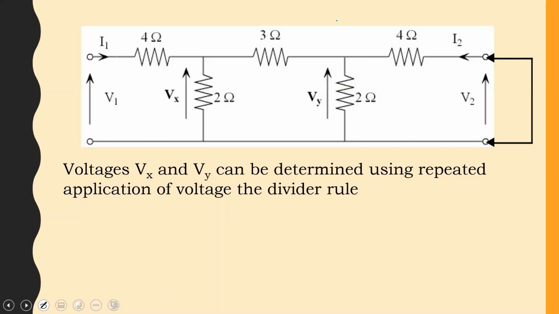So we want Vx and Vy. In finding Vy, that will be the voltage across the 2 ohm and the 4 ohm. So I can then find I2 from that.